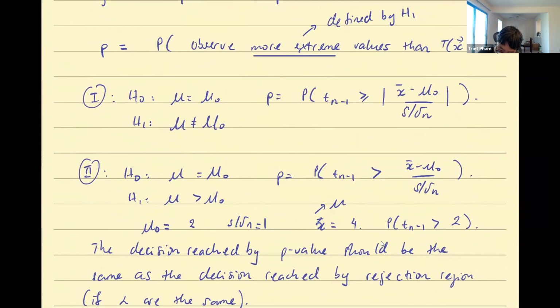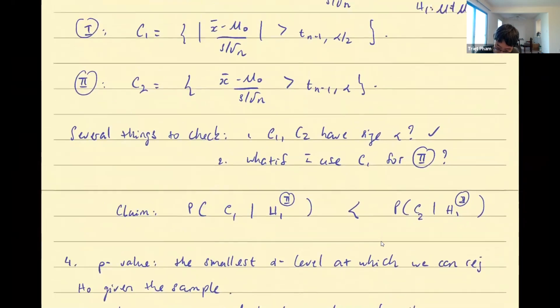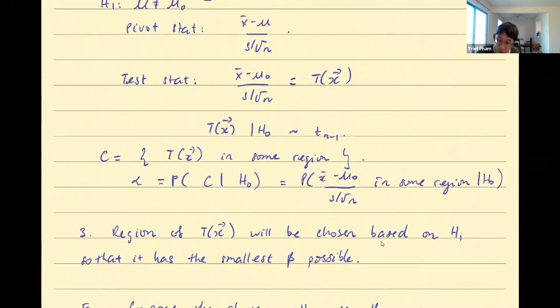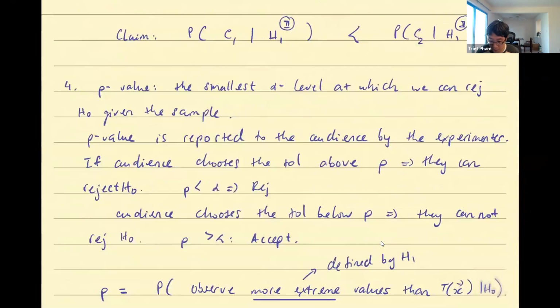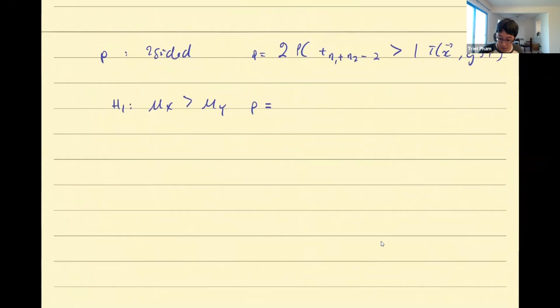There's a 2 here, because of the two-sided. So for the two-sided, there's a 2 times the probability. The reason is basically that either this is extremely large positive or extremely large negative, or means add, and these two probabilities are the same. That's why you get a 2. Yeah, I forgot that.